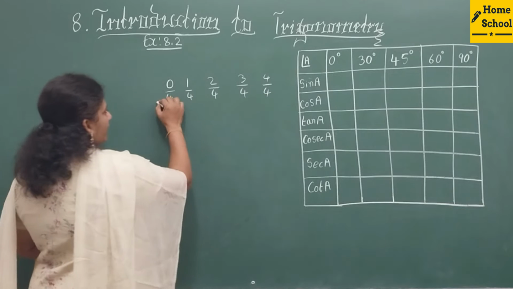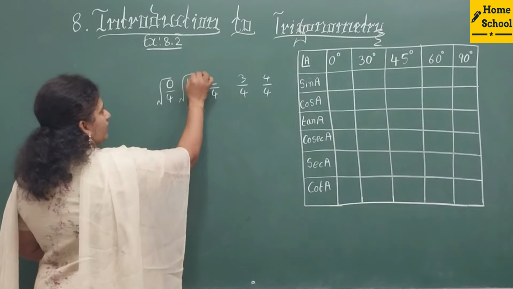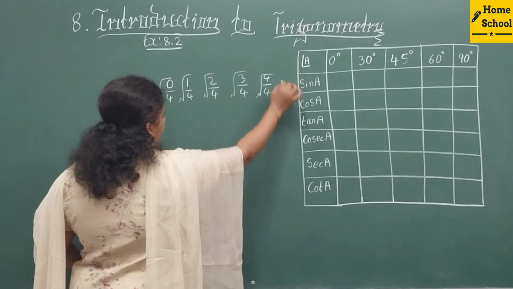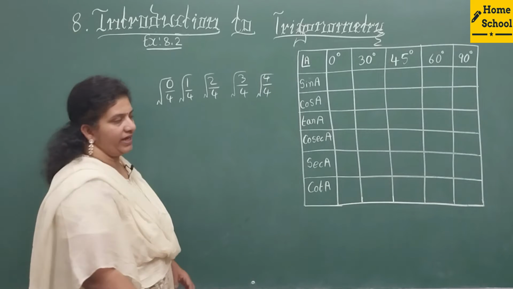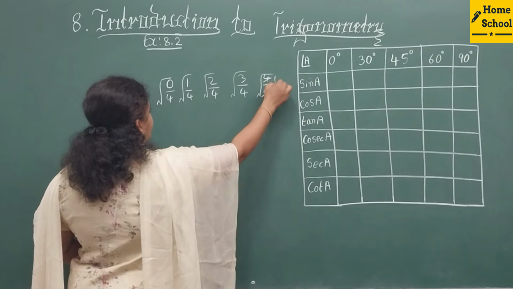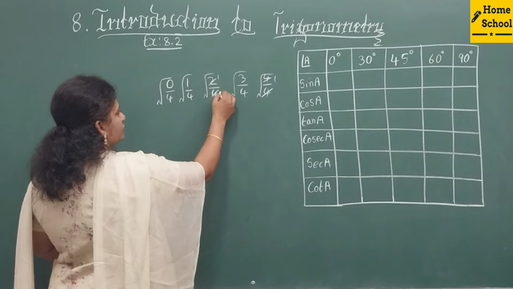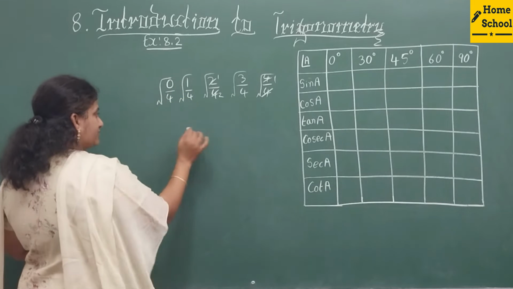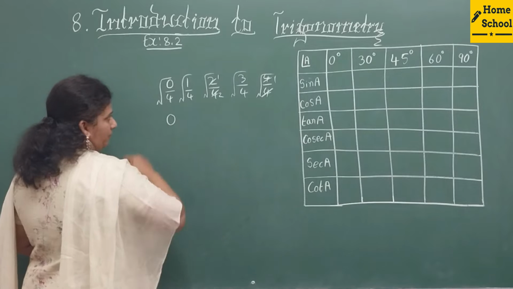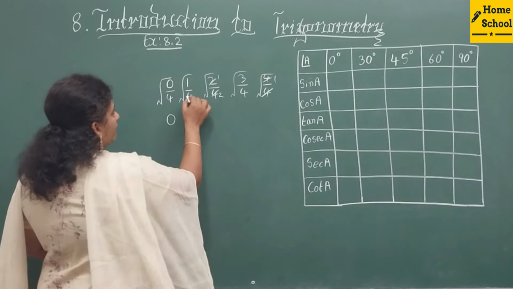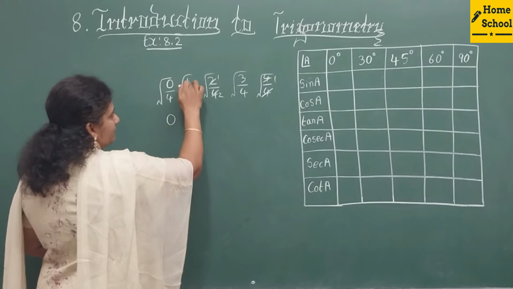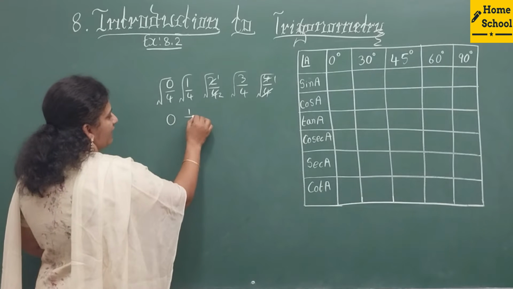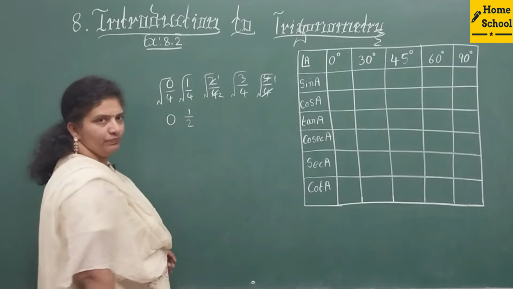Now apply square root. First I have written 0 to 4, divided by 4, and now take the square root. 0 by 4 is 0, and the square root of 0 is 0. Now root 1 by root 4: root 1 is 1 and root 4 is 2.